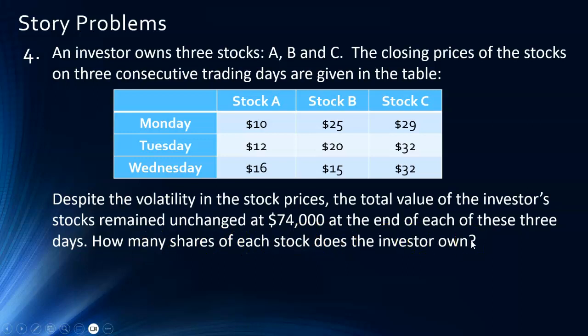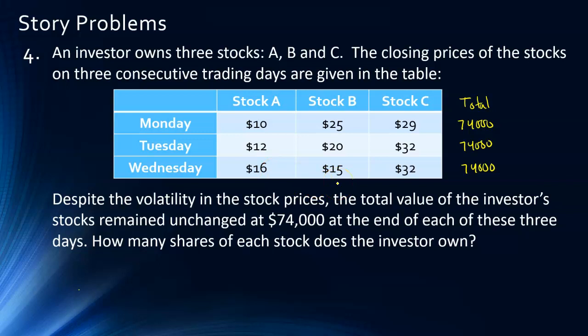All right, so here's what they're telling us. They're telling us that the total for each day is $74,000. Now you got to be careful, because I'm going to give you a hint. In your assignment, the total that they give you is going to be something that would go on the bottom.